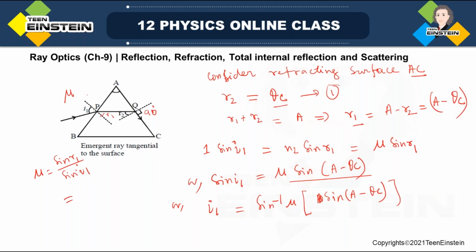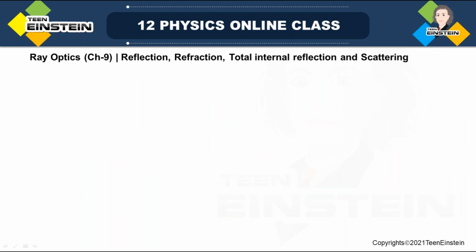Oh, I'm sorry, here it will be just the inverse of it. If I write Snell's law for the first face, it will be mu is equal to sine I1 divided by sine R1. So it will be sine A, because I1 is A, and this is sine A by 2.